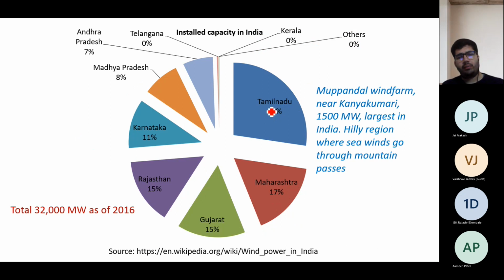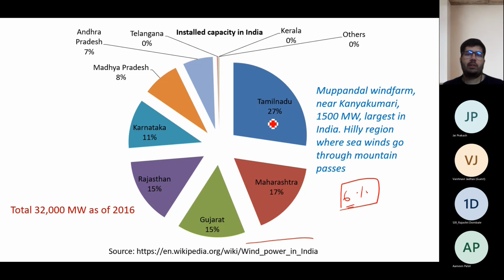This is the data for wind power in India. Worldwide, we have 6% of wind energy generation capacity, and this 6% is further divided across India. This data shows which state has how much capacity.